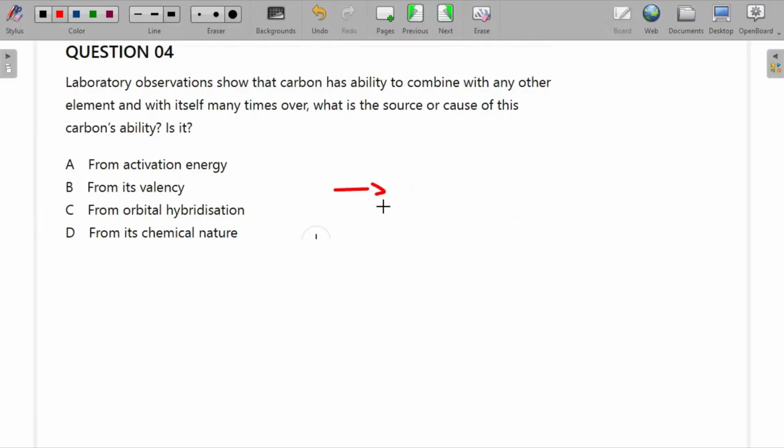When carbon is excited, it tends to form what we call hybridized orbitals. And it is these hybridized orbitals that allow it to combine with itself many times and with other atoms. So the source comes from the orbital hybridization. So we choose C.